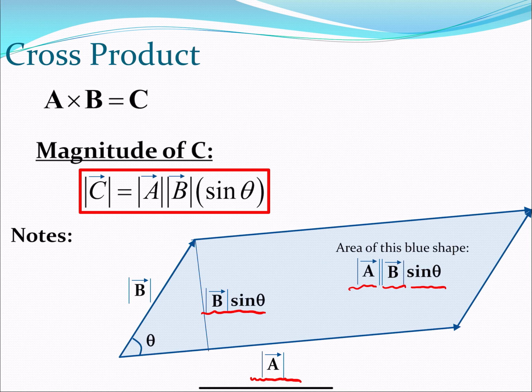This just happens to be the magnitude of the cross product between A and B. So the magnitude of the cross product of A and B is equal, graphically, to the area of this rectangular shape that you make with vectors A and B.